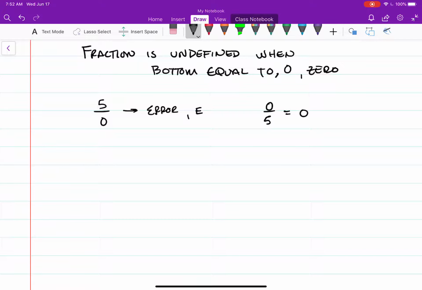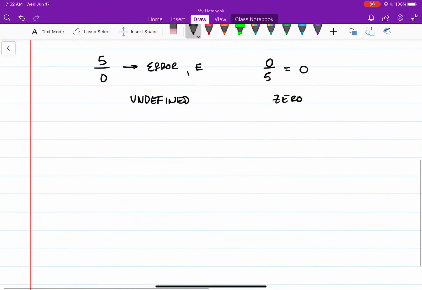So understand that the one on the left means undefined, and the one on the right actually has an answer. This is 0. The numerator doesn't really matter if it's a 0 or not. It's when the denominator is a 0 that we have issues. So we're only focused on the denominator.